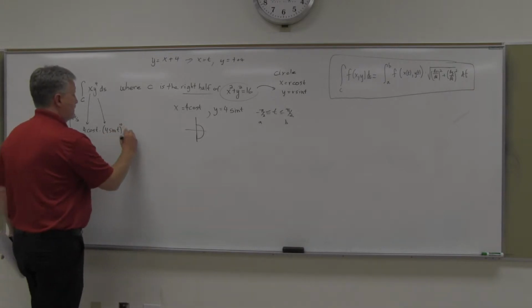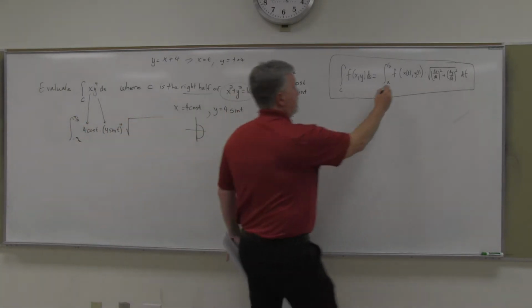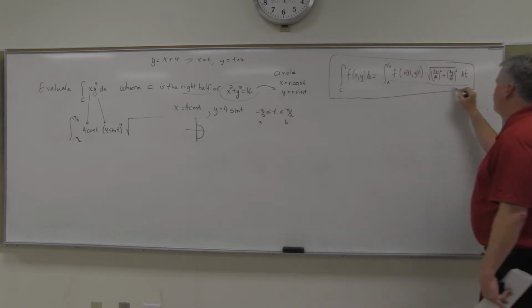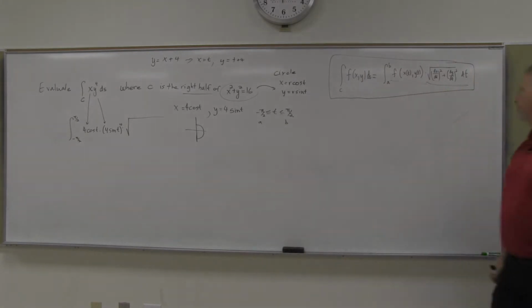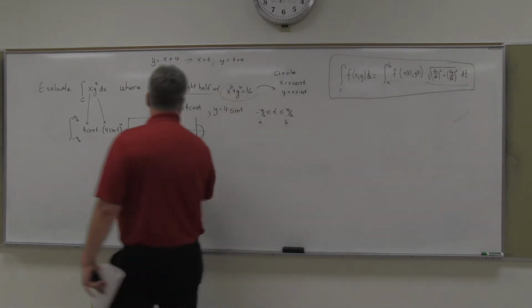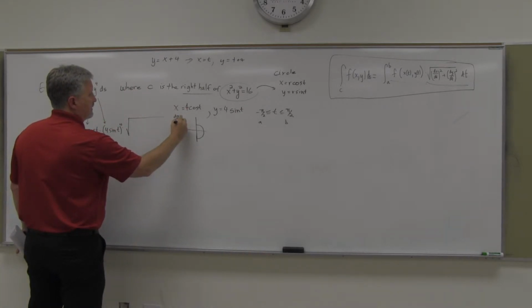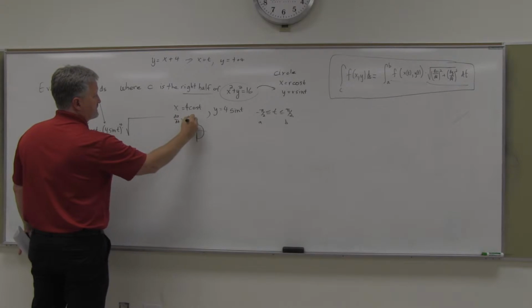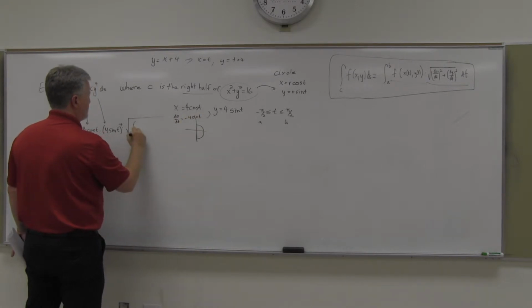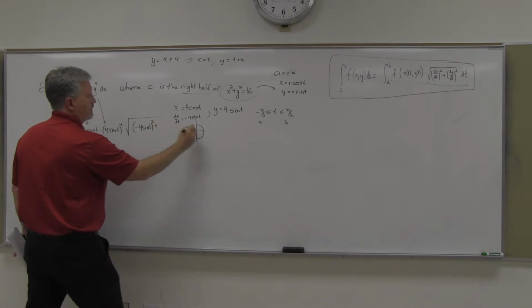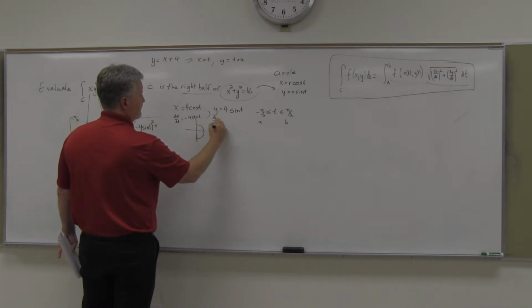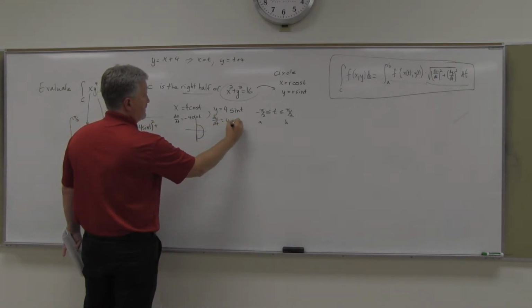Then the rest of it, so that was this part of that. The rest of it is you do the square root of the derivative squared. So the derivative here, dx dt, is going to be what? Negative 4 sine t. So I do that squared. And then the derivative here is 4 cosine t.